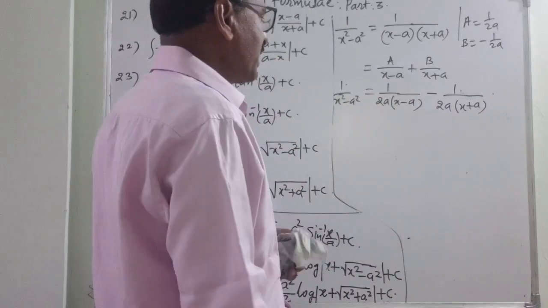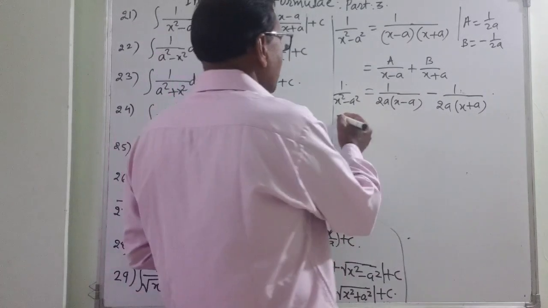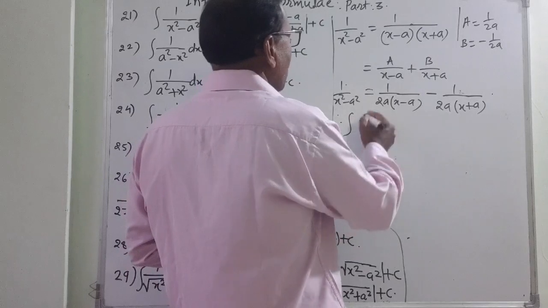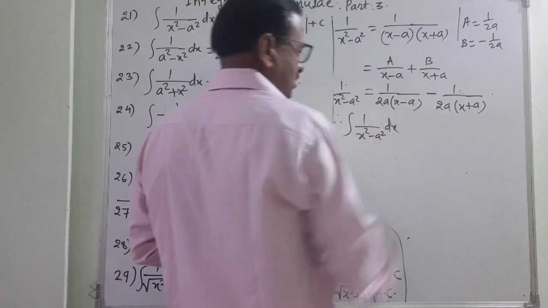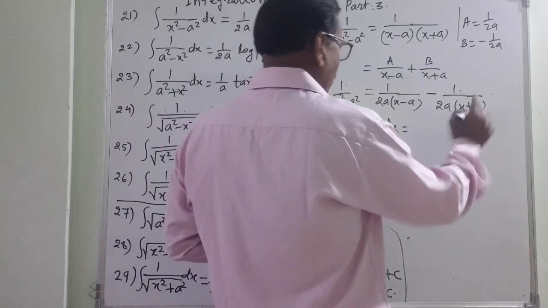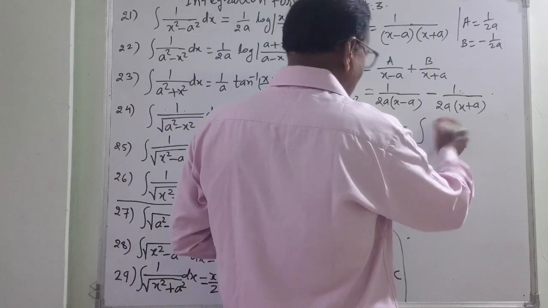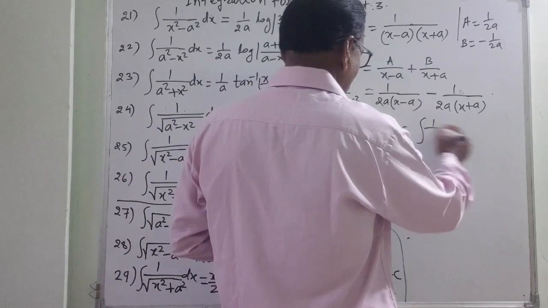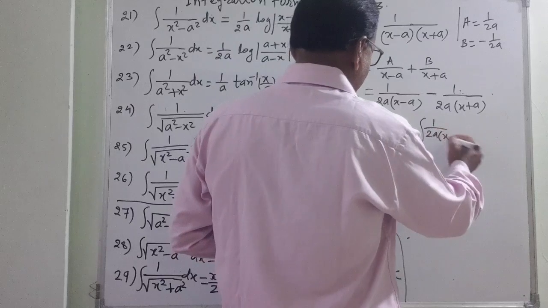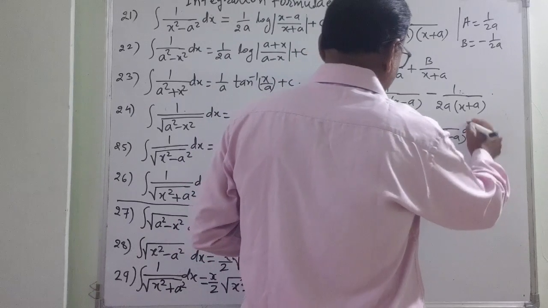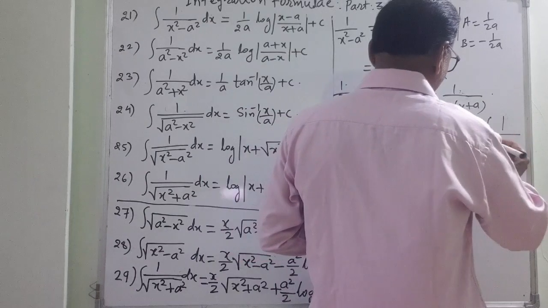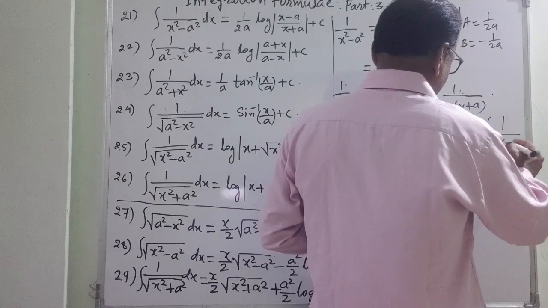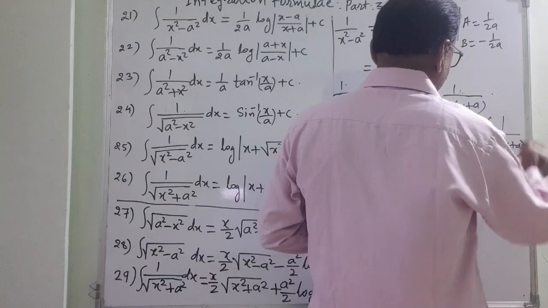I want to find the integration, so taking the integration of both sides, the integration of 1 upon x square minus a square with respect to x is equal to the integration of 1 upon 2a(x minus a) dx minus the integration of 1 upon 2a(x plus a) dx.